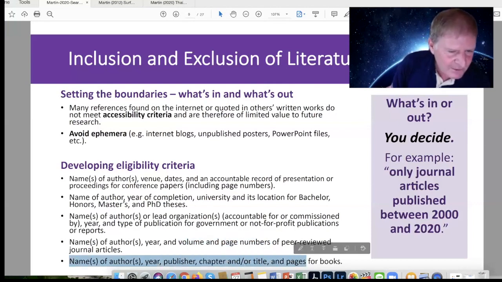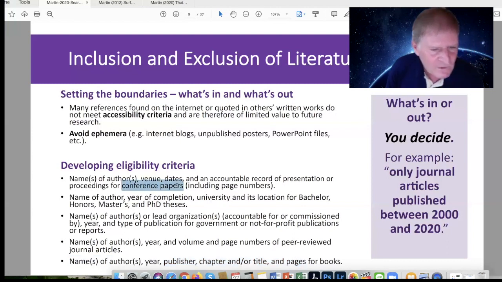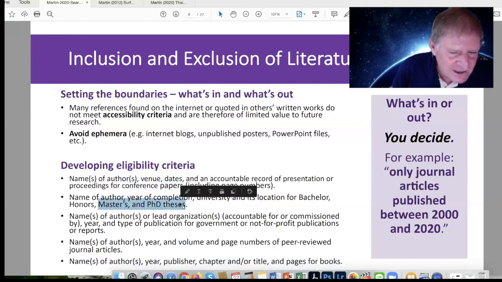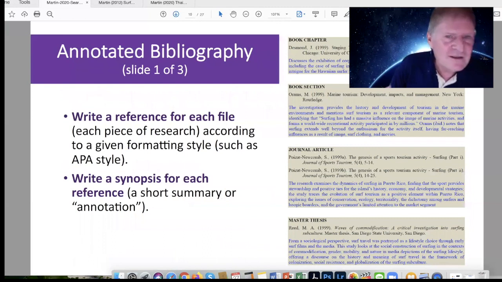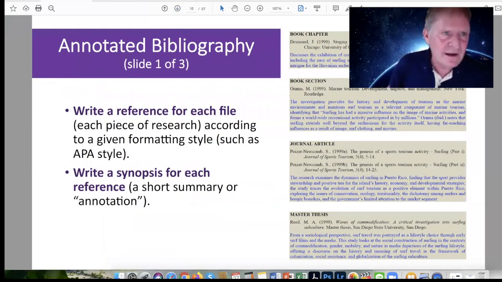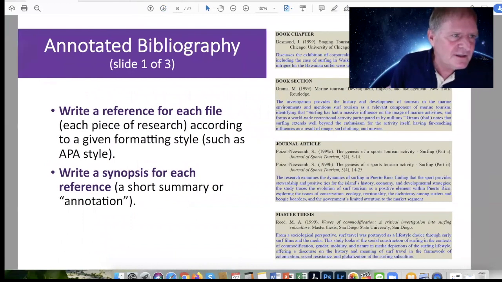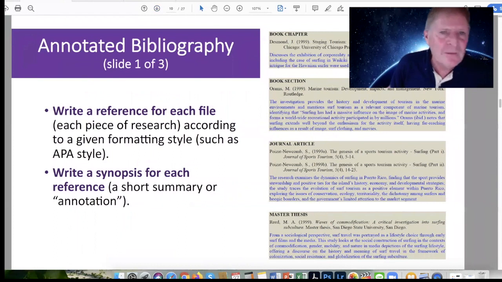So what we have here is we have to define how we're going to identify eligibility criteria, how we're going to allow those papers to be included, if it's a conference paper, if it's a master's, PhD, even could be honors work at the bachelor's level, and not-for-profit reports, etc. Again, the beautiful thing is that you develop that criteria, and whether someone agrees with you or not is another thing, because you have been clear about what you're doing.